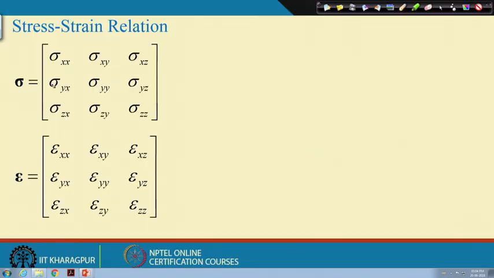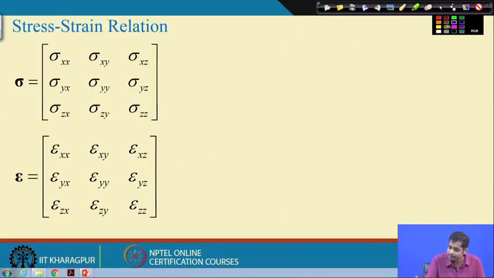Okay. Now, the next question is how to find out the relation between these two responses, between the stress sigma and the corresponding strain.